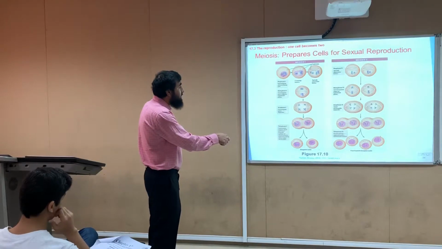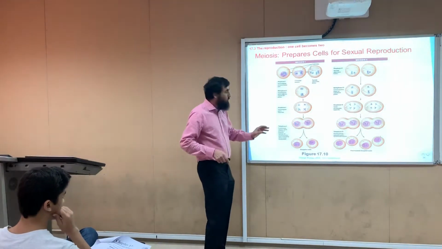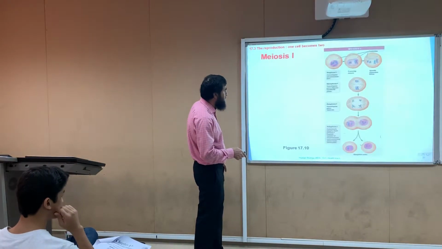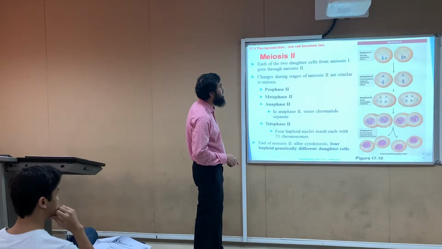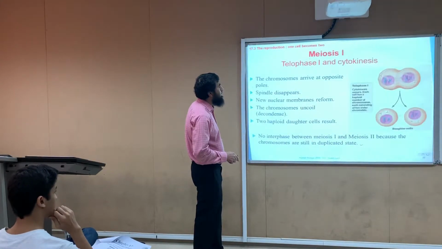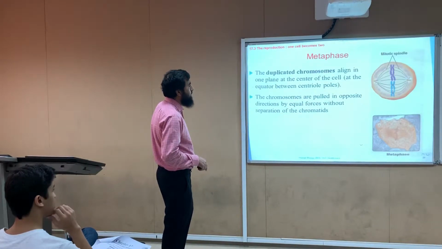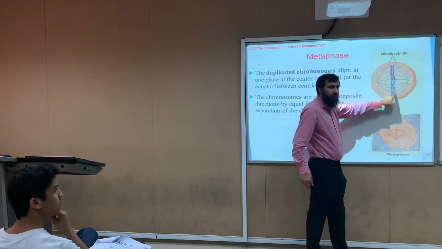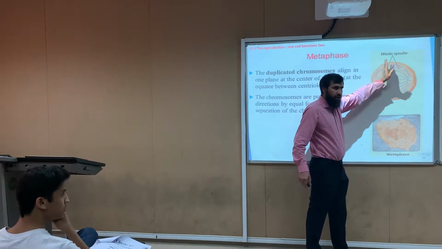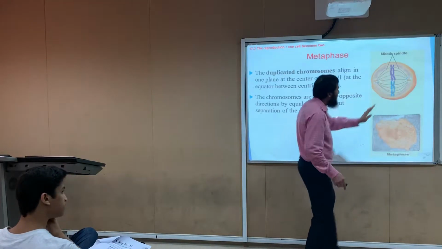Now if we compare that to mitosis, in mitosis you get alignment of the 46 chromosomes at the metaphase plate on the equator.